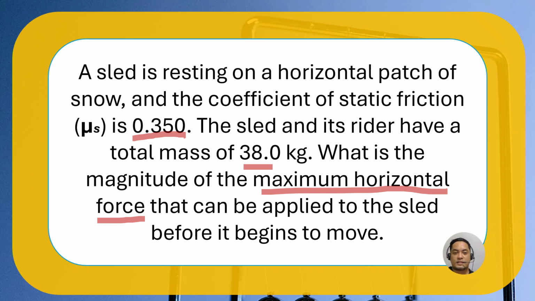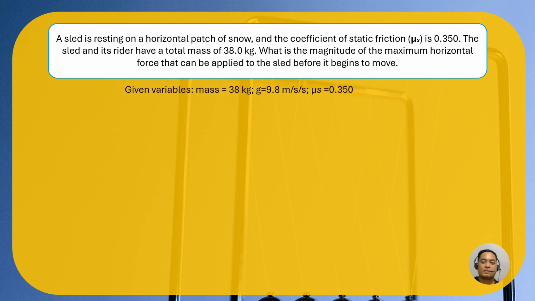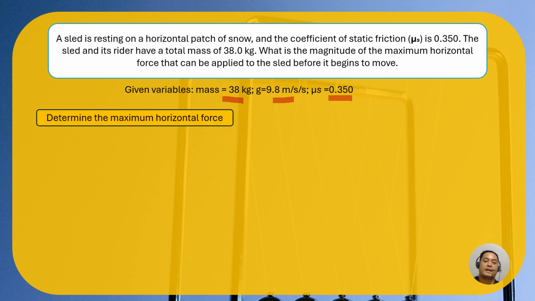It's an easy problem. The given variables: 38 kilogram as the mass, 9.8 gravity, and the coefficient of static friction, 0.315. Let's determine the maximum horizontal force.